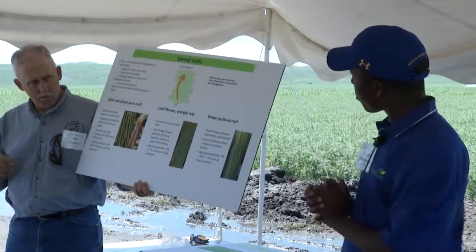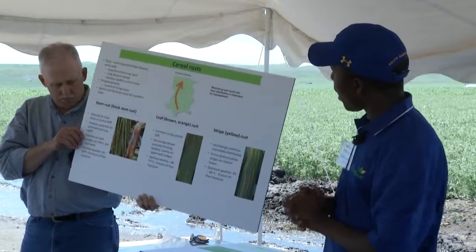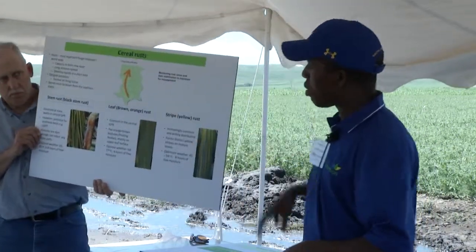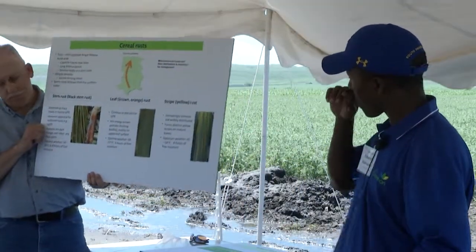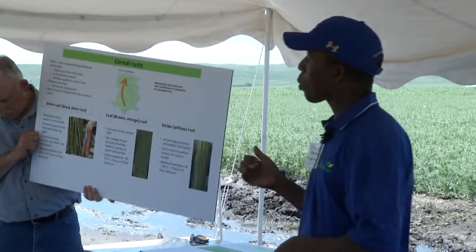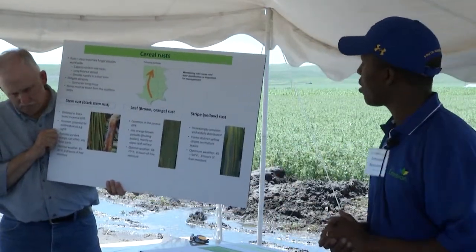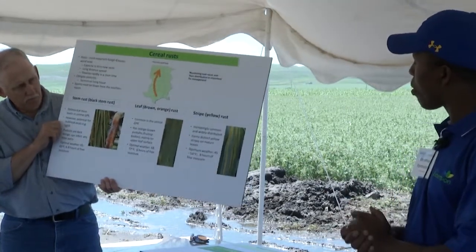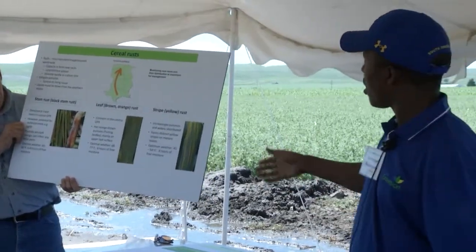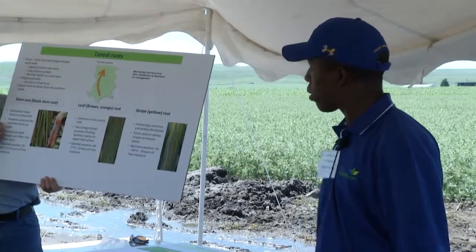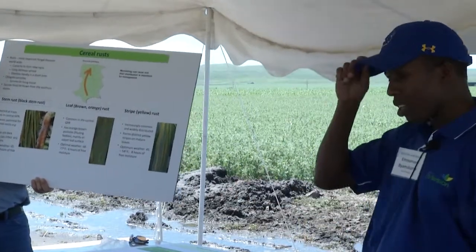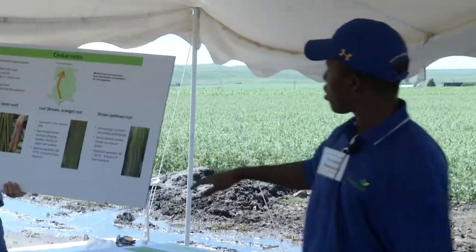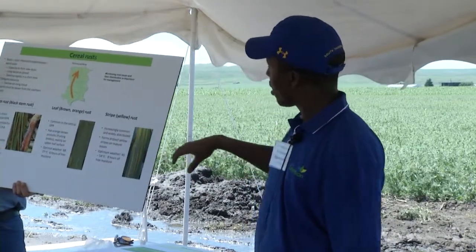All right, so let us now distinguish between the three different rusts. So we have the stem rust, which is also called black rust. The leaf rust is also called the orange or brown rust. And then lastly, the stripe rust, or also called yellow rust. So the first distinguishing feature would be the color of the rust.